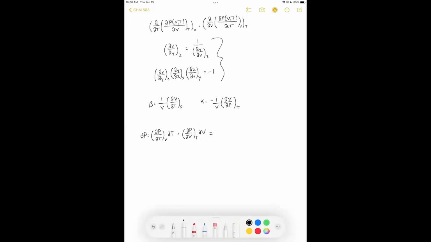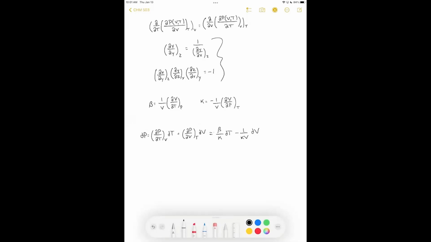So we'll say that our dP ends up being equal to beta over kappa dT minus 1 over kappa V dV. And with these numbers, we'll see some examples in the book or also in class, we can figure out how pressure changes for real gases as a function of temperature and volume.